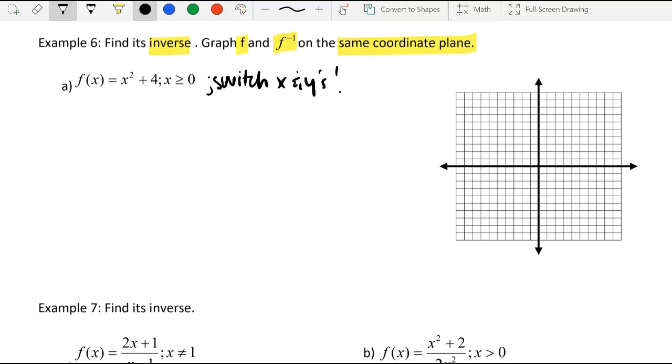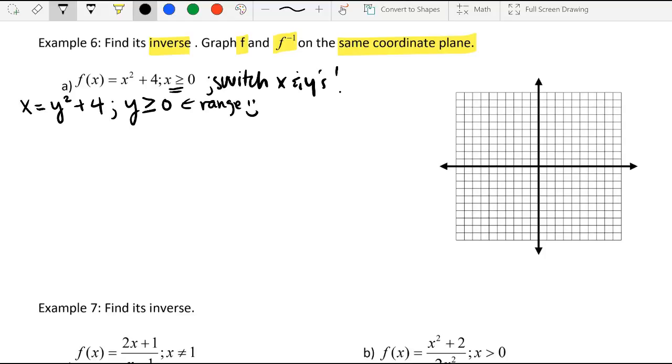This is y equals, so now it gets x equals. This is x squared, so it's y squared, and we add the 4. This is x greater than or equal to 0, so now y is greater than or equal to 0. Look, you know the range, right? This is the range of an inverse.